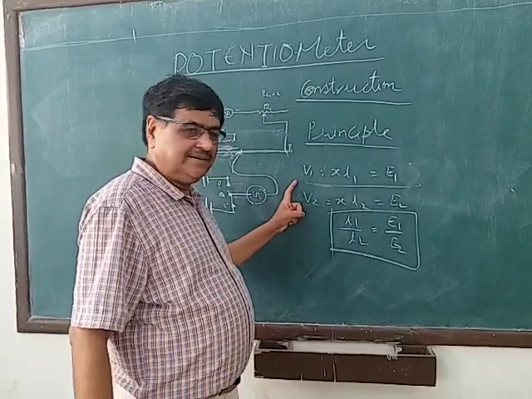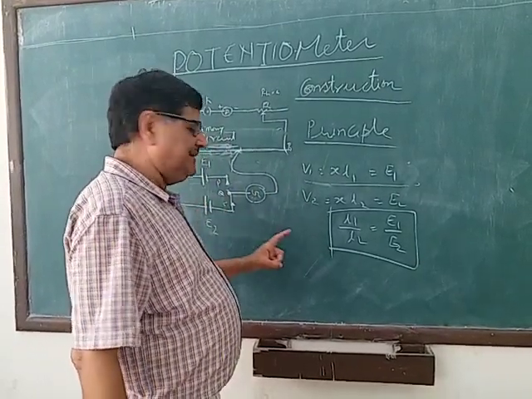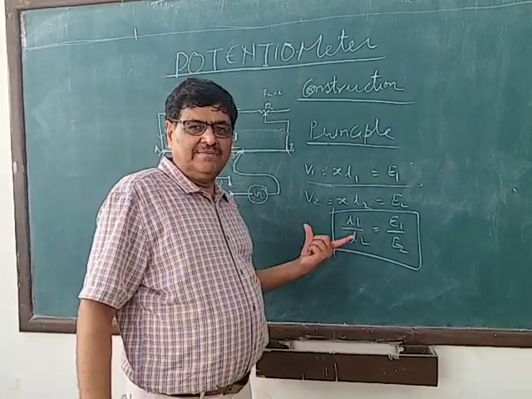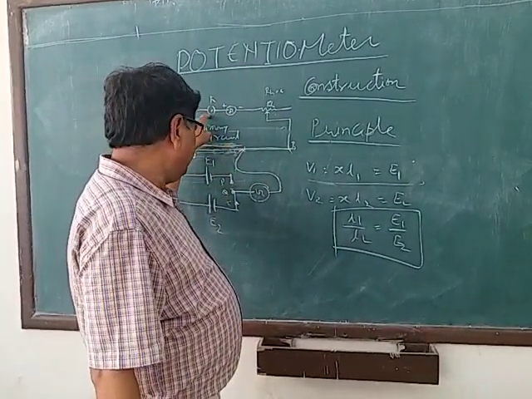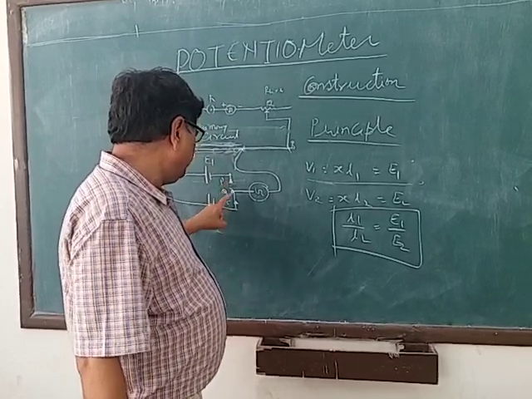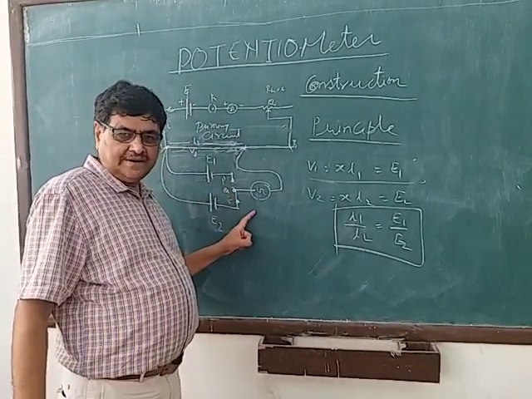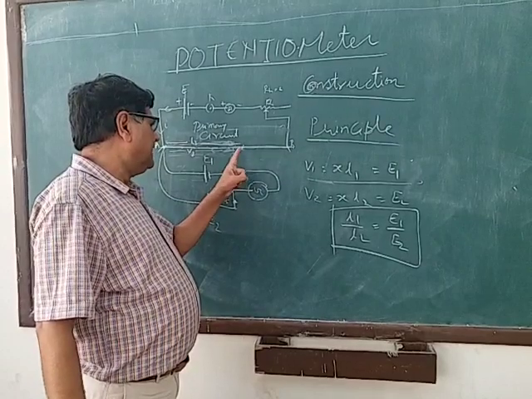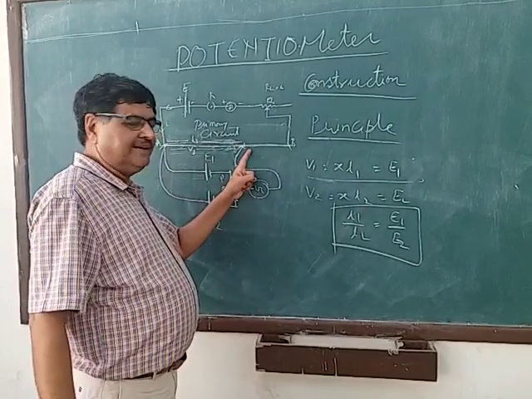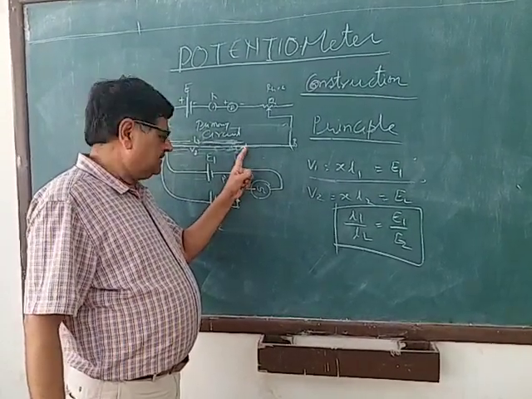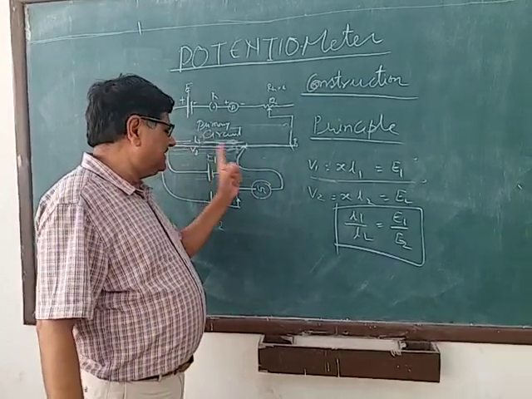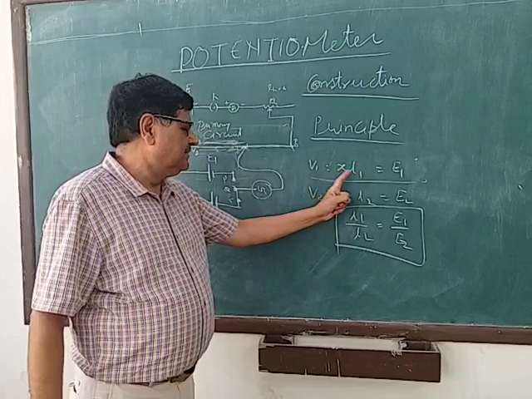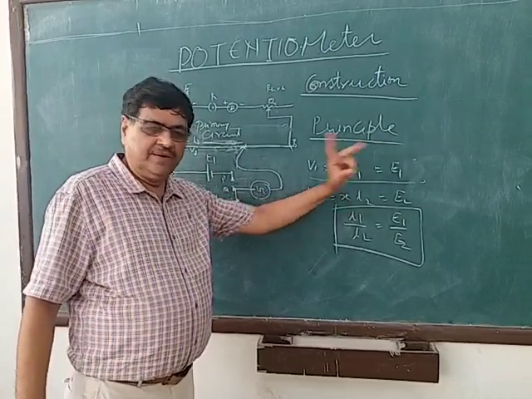Second point, you will write E1, E2 are the cells whose EMFs are to be compared. We press the key K, then we connect PQ, the E1 cell comes in the circuit, and with the help of the jockey we try to find the balancing length or condition of no deflection in the galvanometer. Let's say it is L1, so V1 is equal to X L1 is equal to E1.